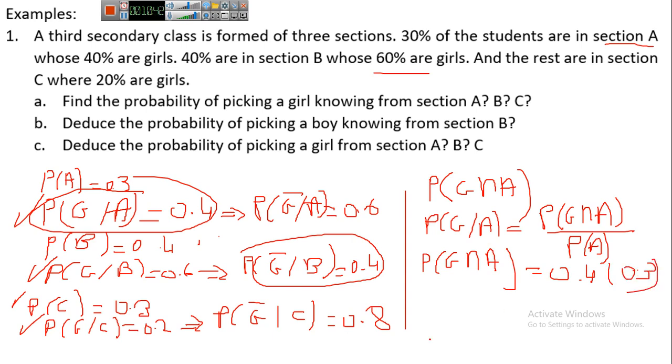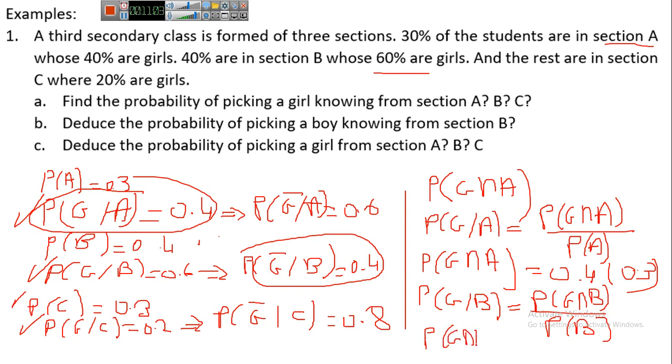Similarly, P of girl knowing B is P of girl intersecting B over P of B. So P of girl intersecting B will be P of girl knowing B, which is here 0.6, times P of B, which is 0.4.